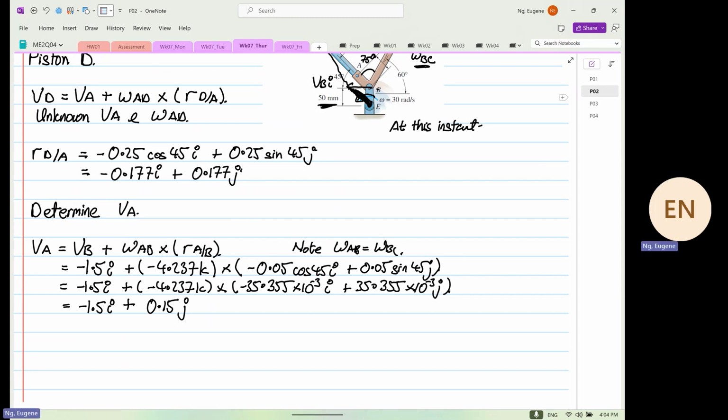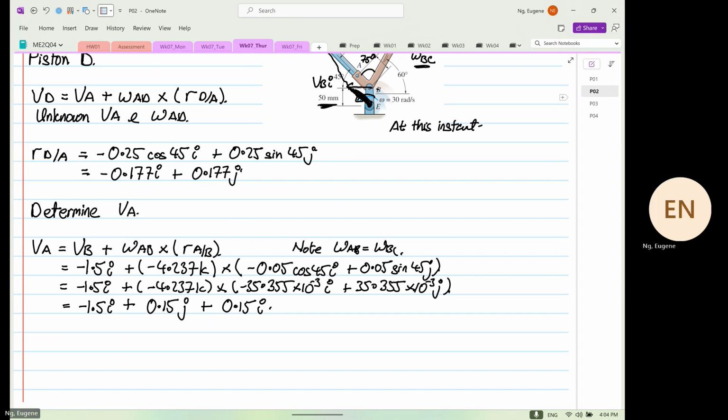K cross j is negative, that's a negative, so it will be a positive again. So it's equal to 4.237 times 35.355 to the power minus 3. So it's also plus 0.15. K cross j, you get i.